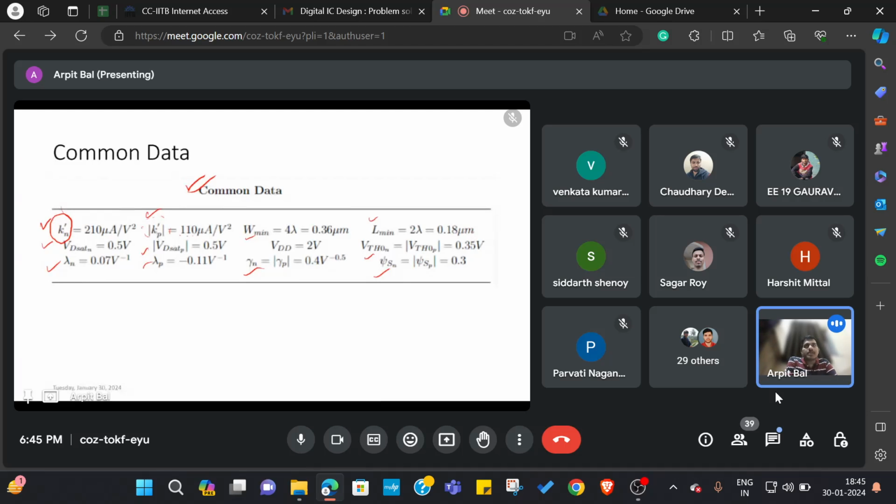Say it is operating in saturation, so I will have the equation half mu n Cox W by L times VGS minus VTH whole square. The component inside VGS minus VTH whole square cannot be negative because it is being squared. W by L cannot be negative because it's an aspect ratio. And Kp dash is going to be negative. So we can safely assume that ID for PMOS is negative.